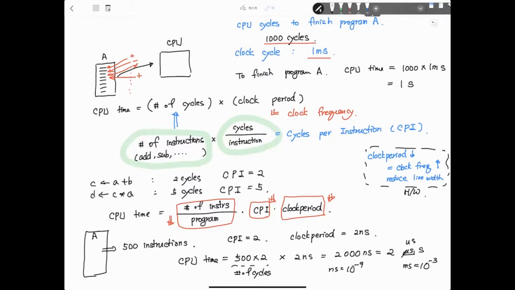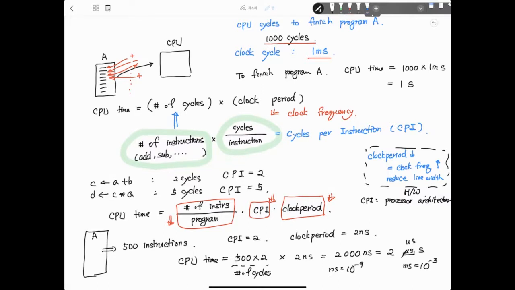CPI, cycles per instruction, is related with processor architecture. If we are designing a good architecture, then maybe per cycle we can execute many instructions.